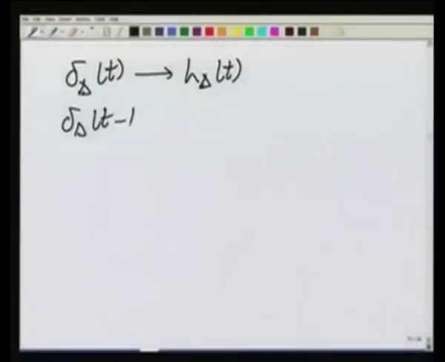This indeed can be done, because we know that if you applied δ_Δ(t) to the system, you would get an output h_Δ(t). If you therefore applied δ_Δ(t − kΔ) to the system, you would get h_Δ(t − kΔ) as the output.